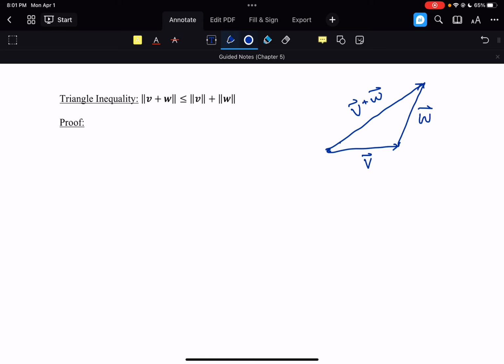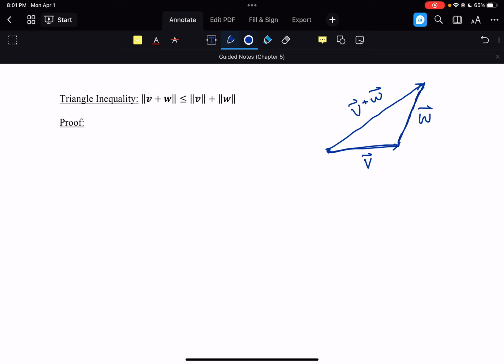If it was equal to, that means that V would be here and W would be here. They would all coincide with each other if it was equal to. If not, the sum of these two will be greater than or equal to this side.